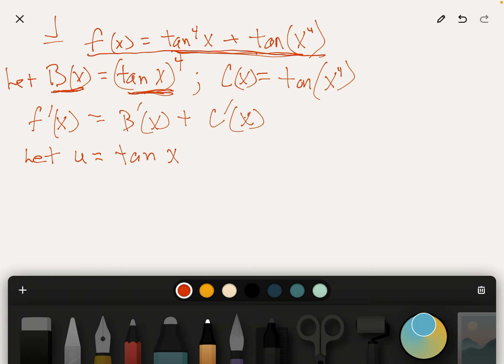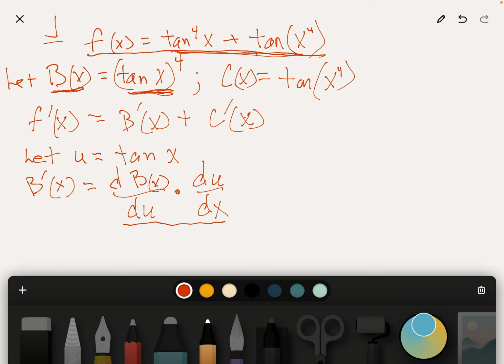Okay. So that means that b prime of x is going to equal db of x over du times du over dx. Again, writing it in this form just reinforces for me that we're simply multiplying two ratios here.